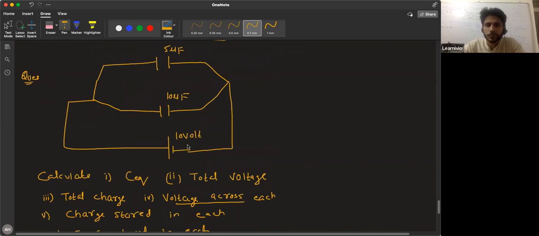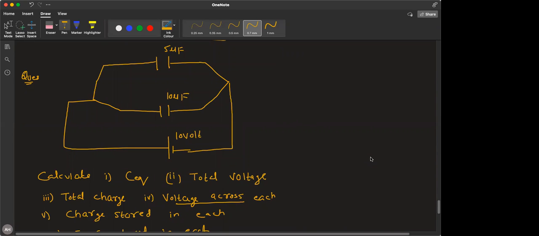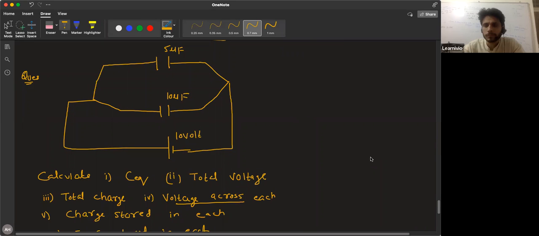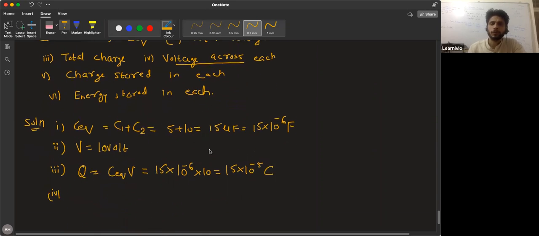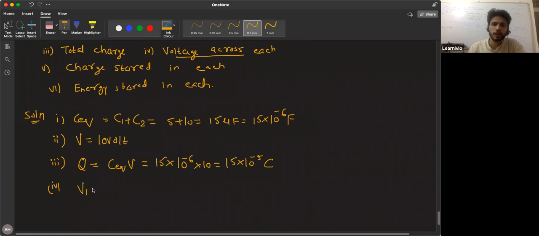The voltage across each capacitor will be the same because both are connected in parallel.